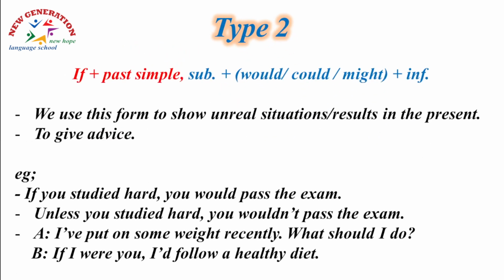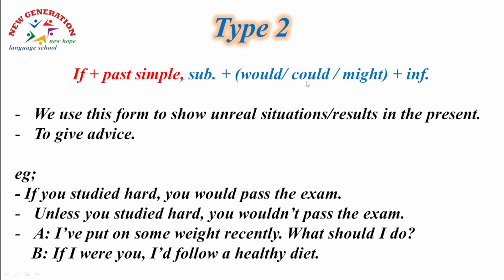Let's move to the next type, conditional type 2, the second conditional. The if clause consists of if plus a sentence in the past simple, the main clause, subject, would, could, might, plus the infinitive form of the verb that shows the result.